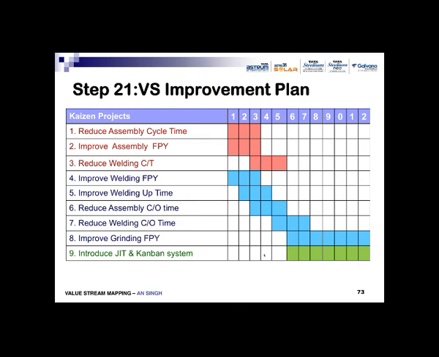At the same time, in parallel, improve welding first pass yield, because different people are there, cross-functional teams, operators are involved. So each project, like improve welding first pass yield, improve welding uptime, reduce assembly changeover time, reduce welding changeover time, improve grinding first pass yield, introduce just-in-time and Kanban system.